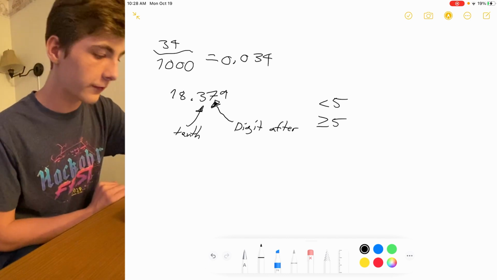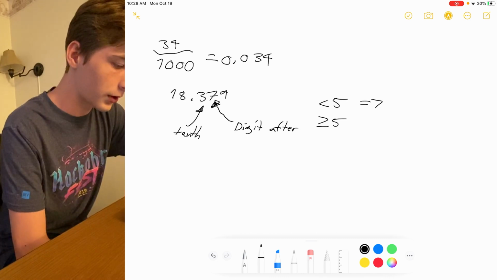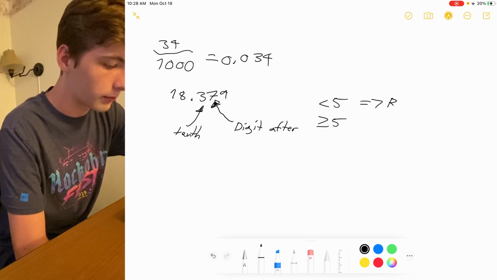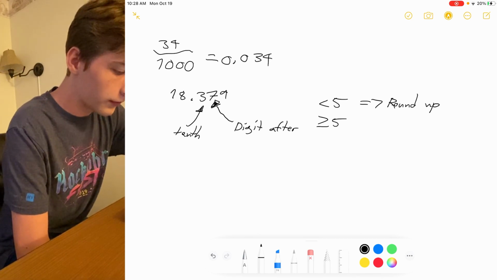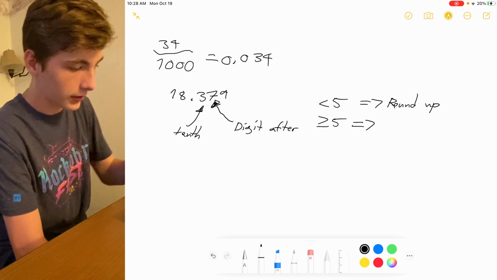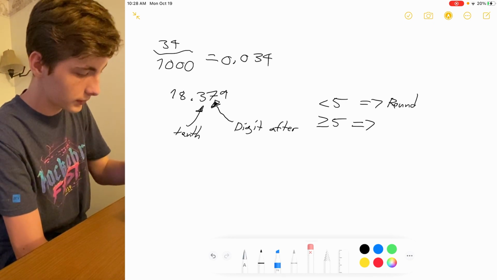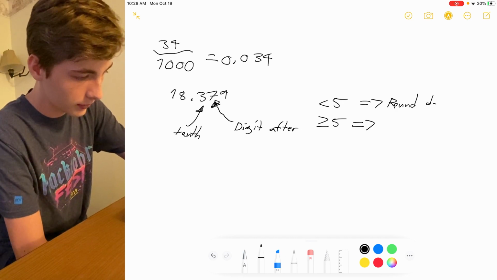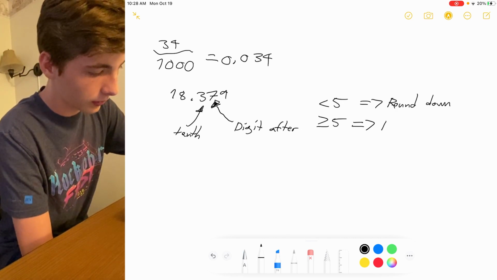If it's less than 5, we're rounding down. If it's greater than or equal to 5, we're going to round up.